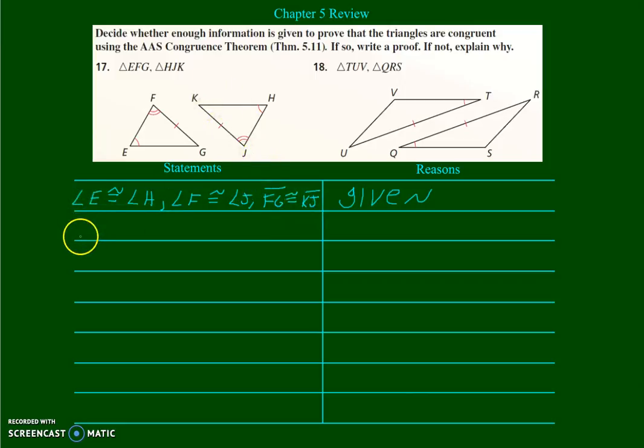Now all that's left is to say triangle EFG is congruent to triangle HJK by the angle-angle-side congruence theorem. Pretty basic proof. And now on to problem 18.